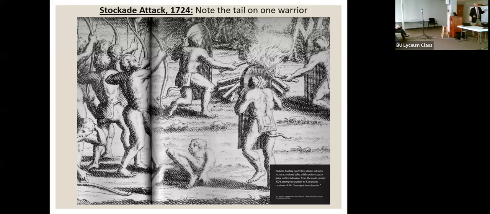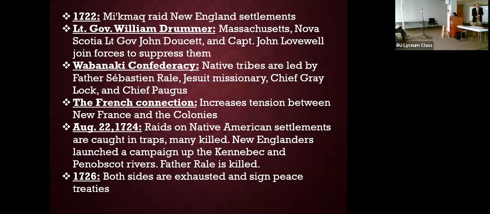But notice also that you don't see any guns, and this is 1724. They're still relying heavily on Native American weaponry, and it's effective. So the raiding goes on. Now notice that it's Micmac, which is a sub-tribe of the Wabanaki Confederation. Lieutenant Governor Drummond, Massachusetts, joins together with Doucette and Lovewell.